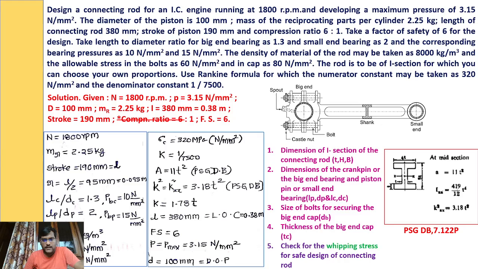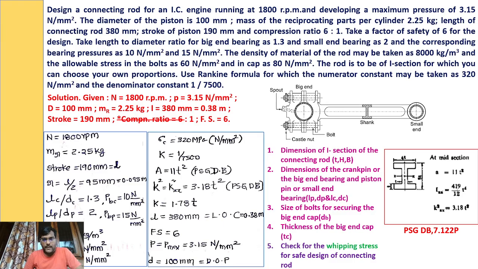And in the bolts, here we have to fix two bolts. This is one, this is two. So the allowable stress in the bolt is 60 Newton per mm square.